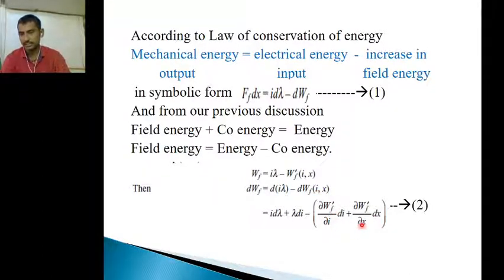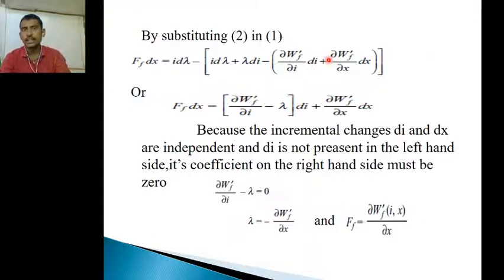We consider this as the second equation and the previous equation as the first one. If we substitute the second equation in the first, then we get Ff of x equal to I into d lambda minus dW dash f. That means I into d lambda plus lambda into di minus dou W dash f by dou I into di plus dou W dash f by dou x into dx.